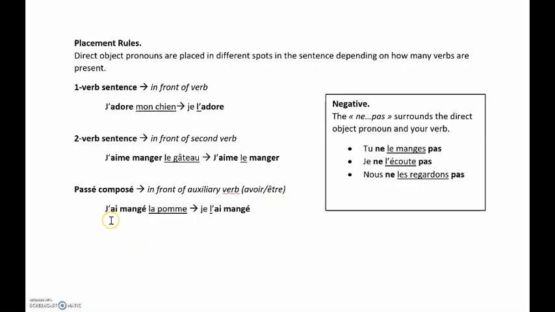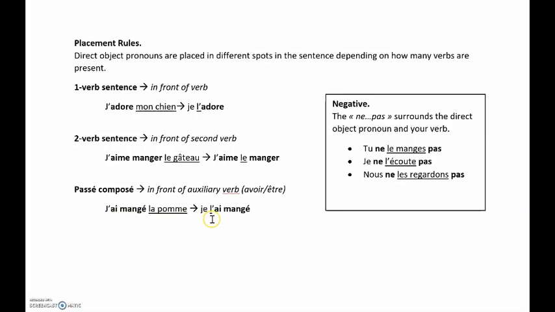Okay, so I have here my example, j'ai mangé la pomme. So I ate the apple, and instead of that, I want to say I ate it. So I know that la pomme, that is my direct object. It would be replaced with la because it's feminine. Okay, and here I've got my auxiliary and my past participle.